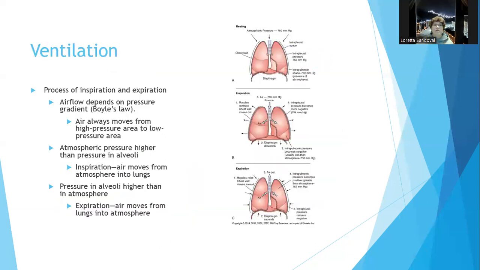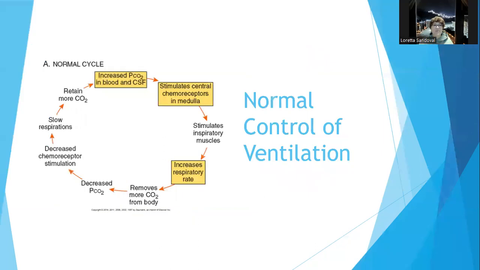Okay. Oh, I went backwards. So normal control of ventilation. Here's the normal cycle. You get increased partial pressure of CO2 in the blood and the cerebrospinal fluid. That stimulates central chemoreceptors in the medulla, which stimulates the inspiratory muscles. It increases the inspiratory rate. It removes more CO2 from the body.